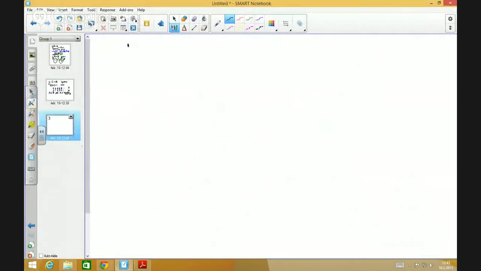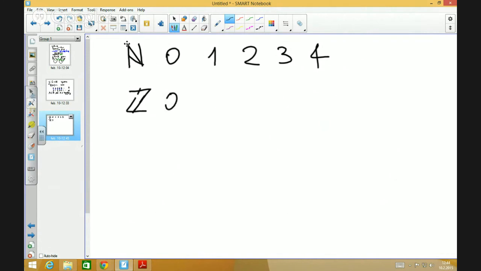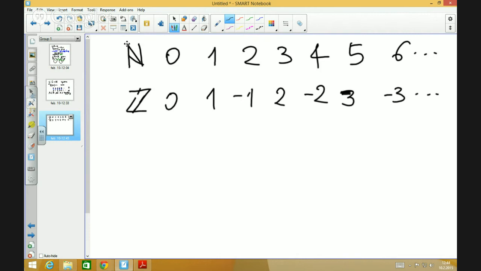So here we have the natural numbers. Here we have the integers. 0, 1, 2, 3, 4. And here we have 0, 1, -1, 2, -2. 5 goes to 3. And 6 goes to -3. And it keeps going.